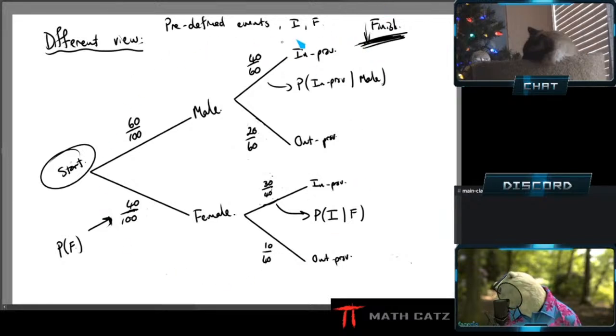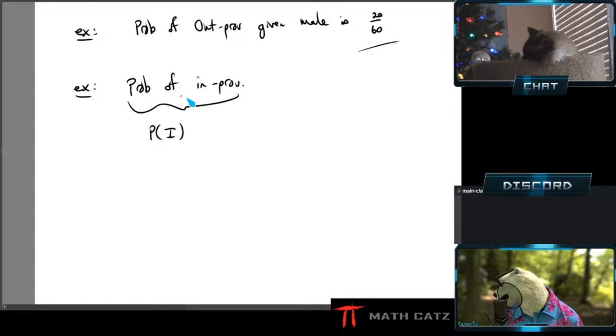I look, is that probability somewhere on here already? No, because in province can be obtained by taking the male branch, but also the female branch. There are multiple ways to end up with a person that is an in province student.